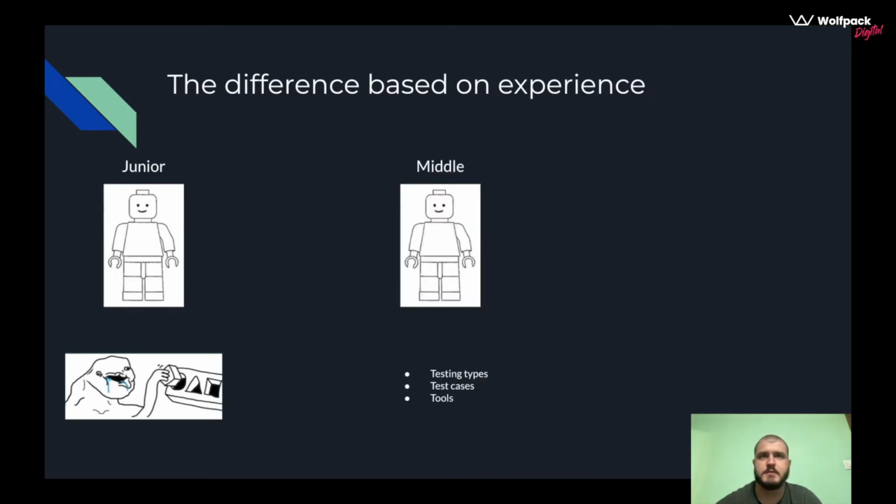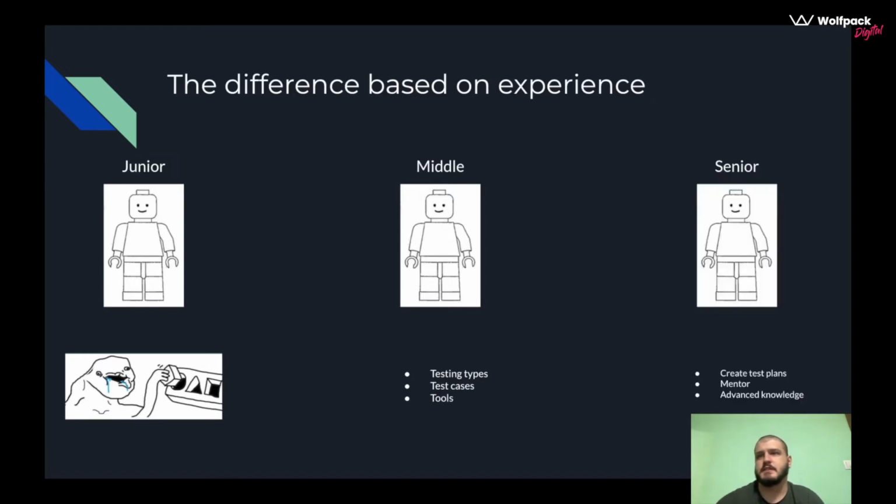And there comes our middle guy, who already has some knowledge, and he knows about testing types, like functionality testing, regression testing, smoke testing, and so on. He uses test cases, he uses other tools to test the feature. And there comes our senior guy, who can create test plans, who can mentor the other guys, and has a very advanced knowledge of the field.